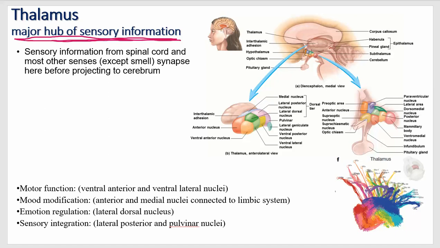Like with vision, and it'll show that in the next picture. Sensory integration, motor function, ventral anterior lateral nuclei. Information will come in, synapse, and then be processed wherever it is. We're going to learn about sensory very soon.